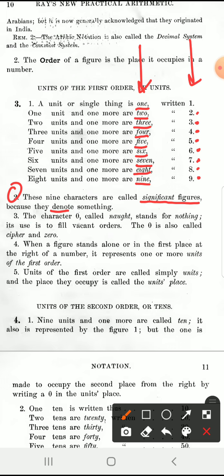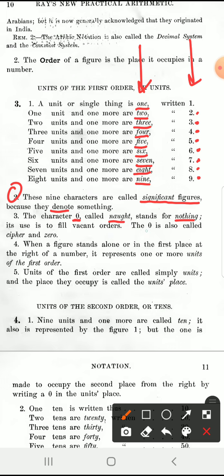The character which we'll call 0, this figure, called naught, stands for nothing. Its use is to fill vacant, that means empty, orders or places in a number. So the character that we call 0 or naught is used to fill empty orders or empty places in Arabic notation.